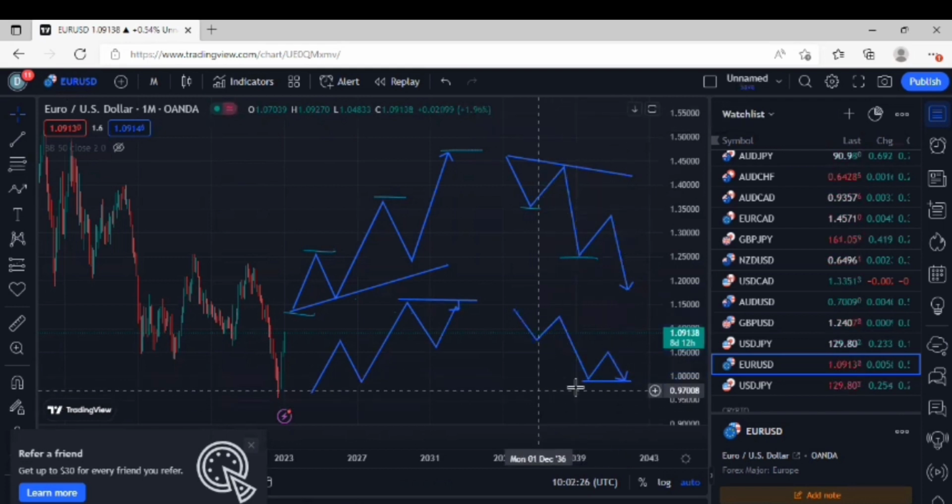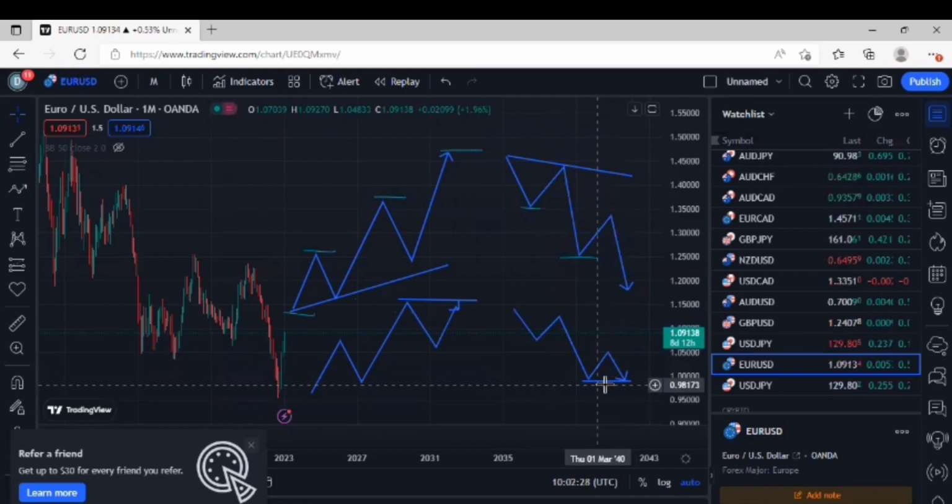So the moment the market cannot break this trend line here, that means there is a potential reversal. For a continuation, the market must be able to break that structure. The moment the market is unable to break a structure, that means we should be watching out for a potential reversal.